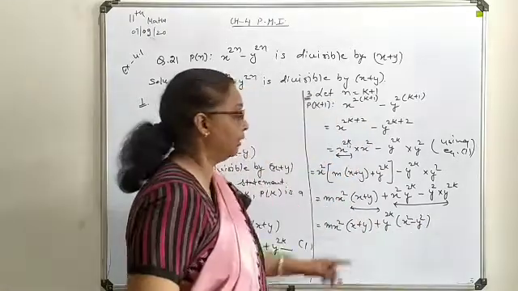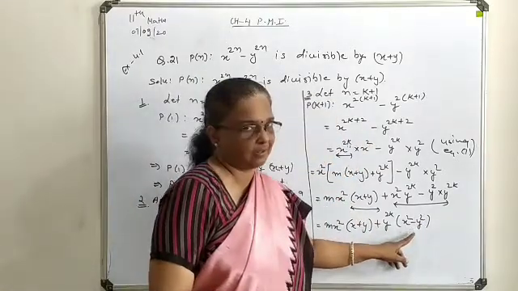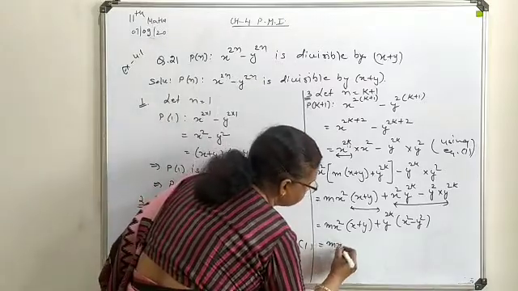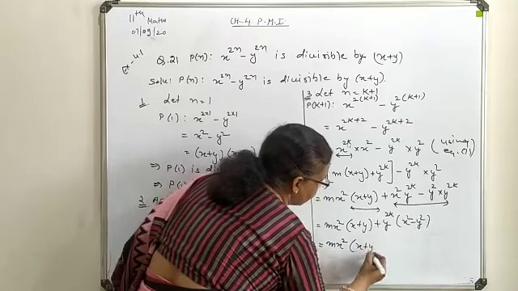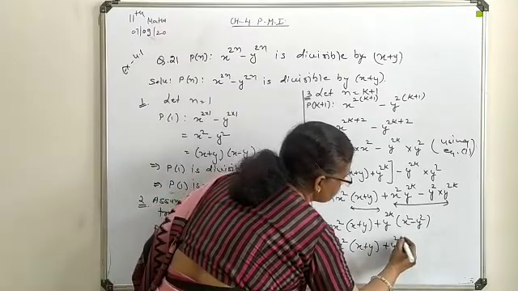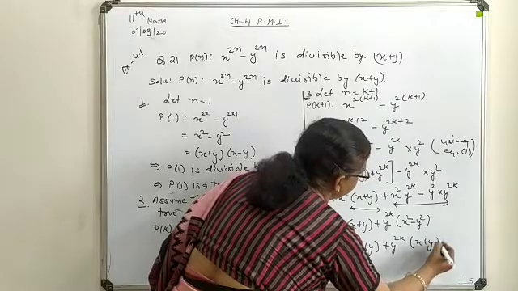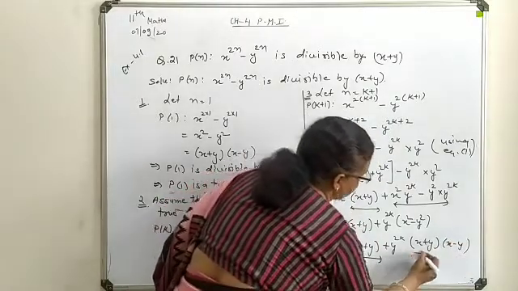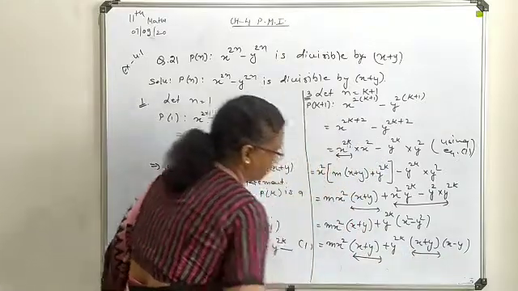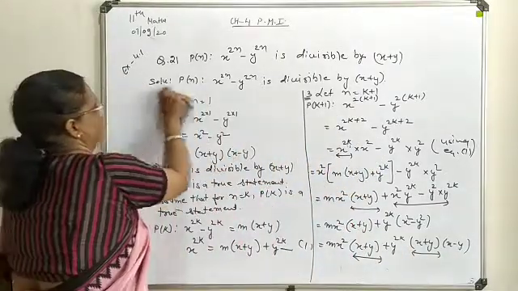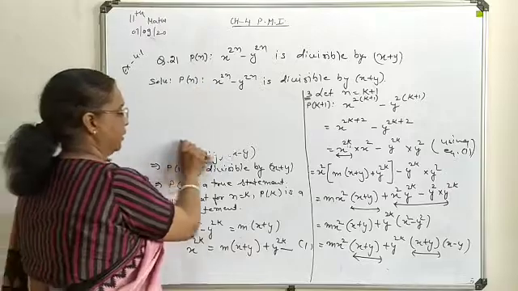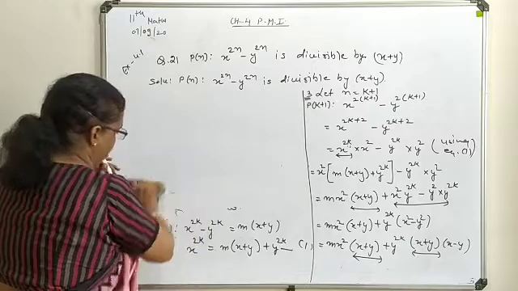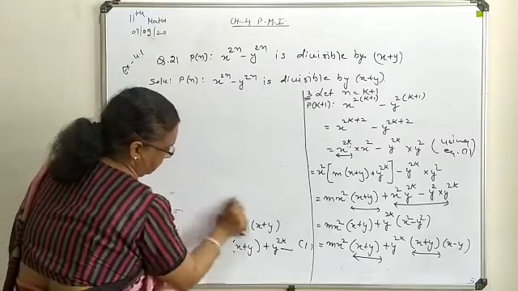You know this is a formula form as x plus y and x minus y. So factorize the same: x plus y and x minus y. Here you can see x plus y is a common factor we are having, which will give you the divisibility by x plus y. That is the main purpose we have to solve.